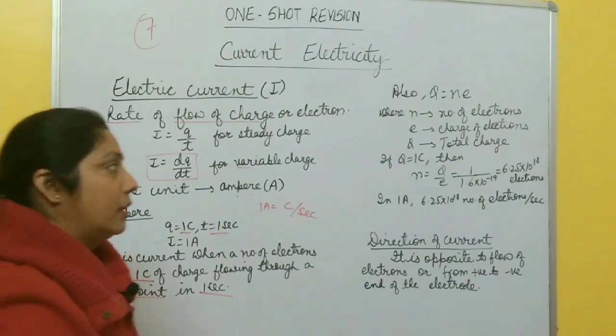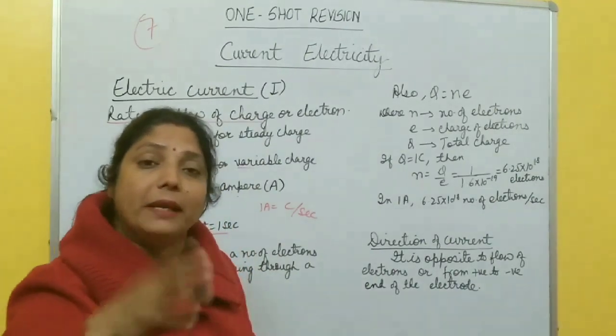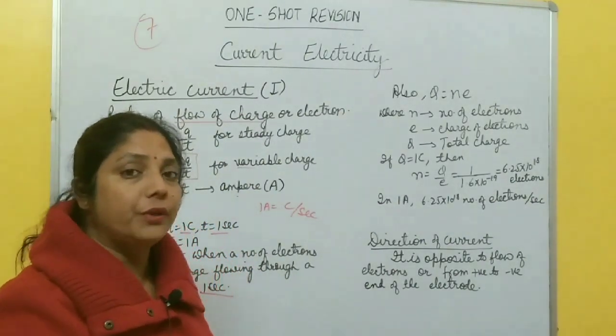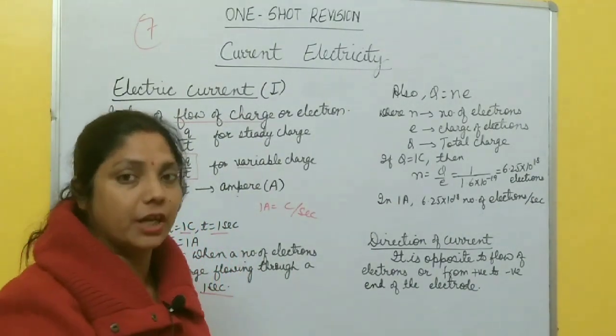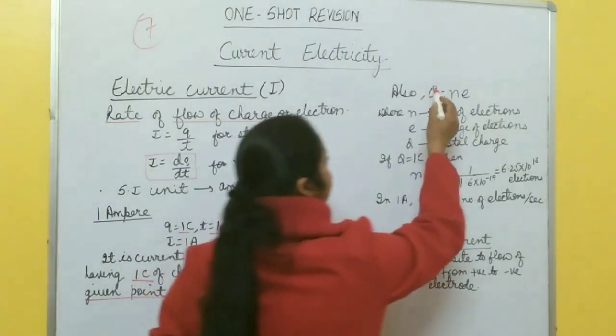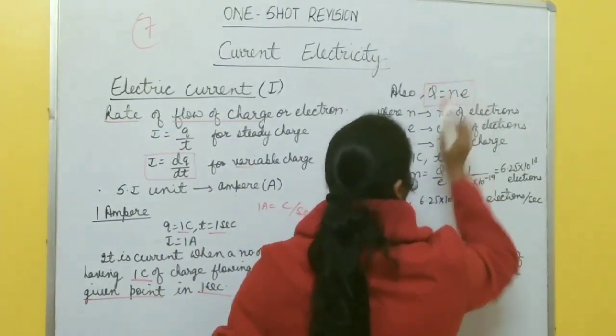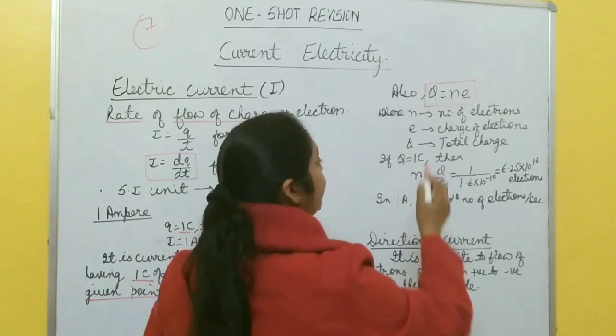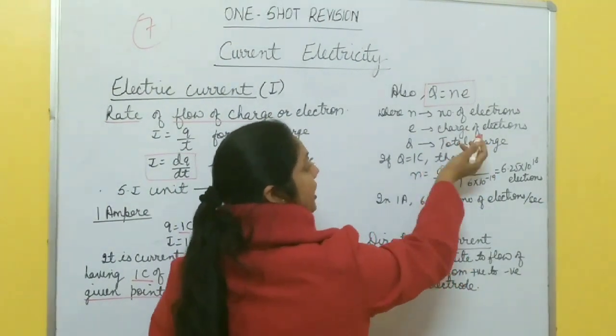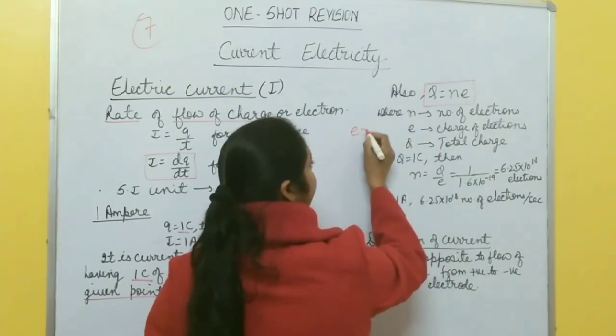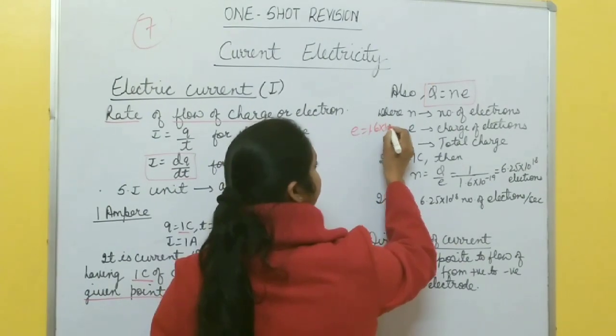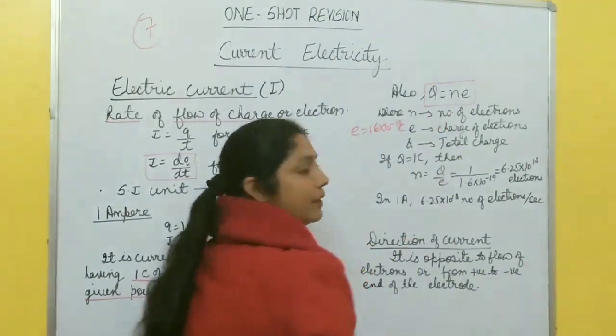Also you have to calculate how many electrons flow in 1 coulomb of charge, right? So there is one important formula, quantization of charge, Q equals Ne, where Q is the total charge, e is the charge of an electron, its value is 1.6 into 10 to the power minus 19 coulomb, and N is the number of electrons.